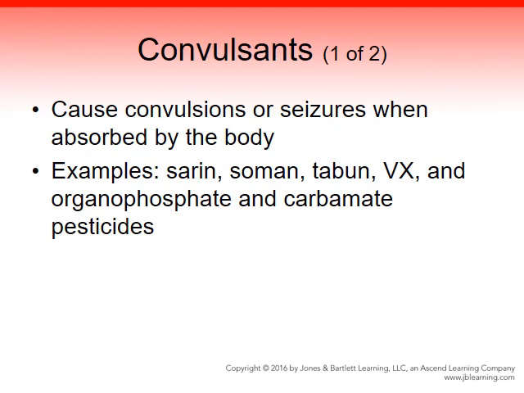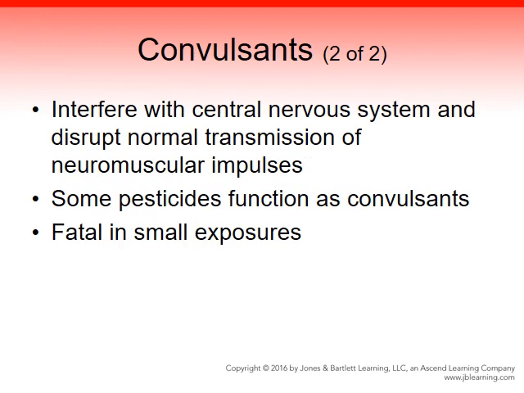Convulsants can cause convulsions or seizures when absorbed by the body. Examples are sarin, soman, tabun, VX, organic phosphates, and carbamate pesticides. Essentially, they interfere with the central nervous system and disrupt normal transmission of the neuromuscular impulses, basically the signals that control your muscle movement.